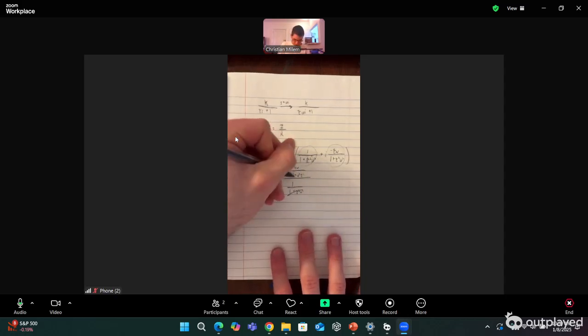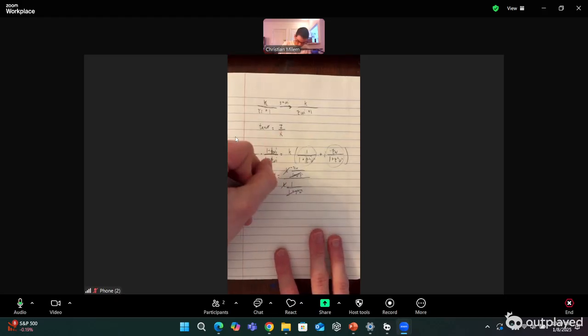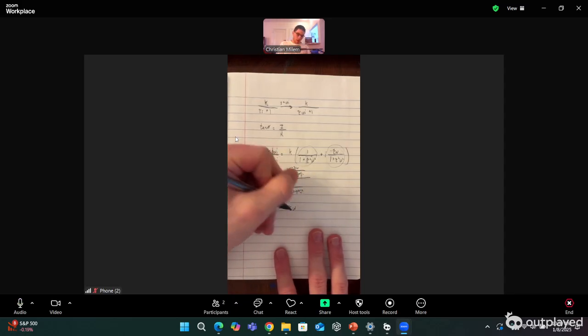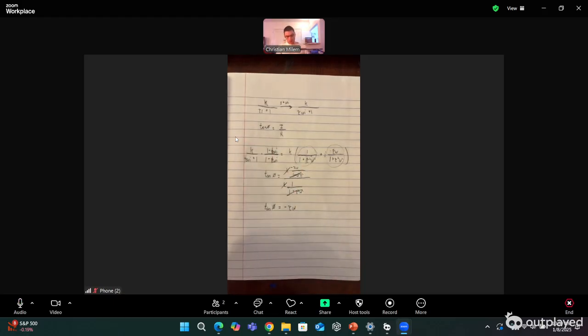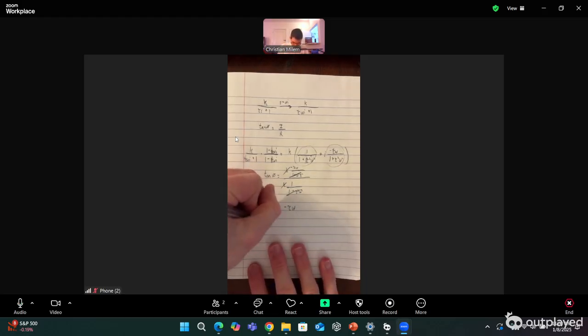So these cancel out, K's also cancel out, and we're left with tan phi equals negative tau omega. Taking the inverse tangent, we have negative tan inverse of tau omega equals phi.